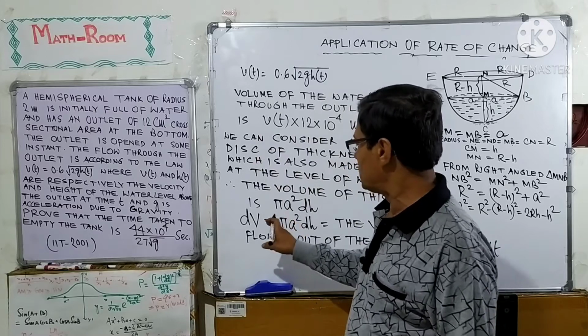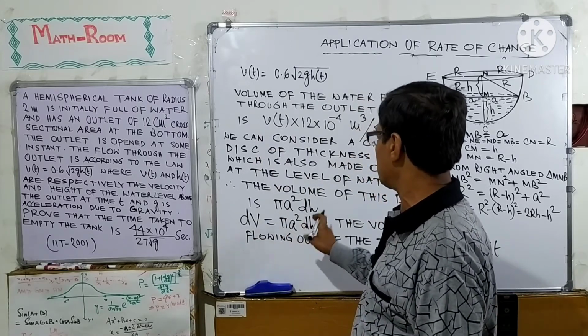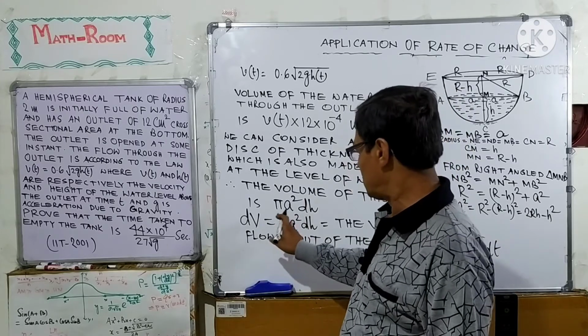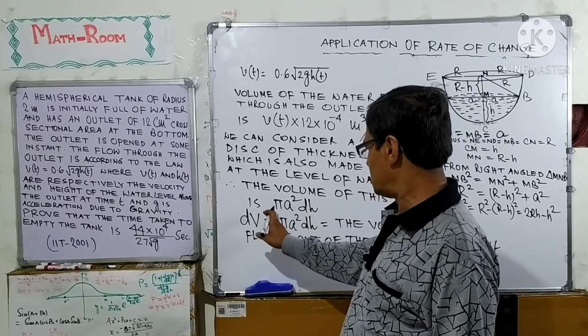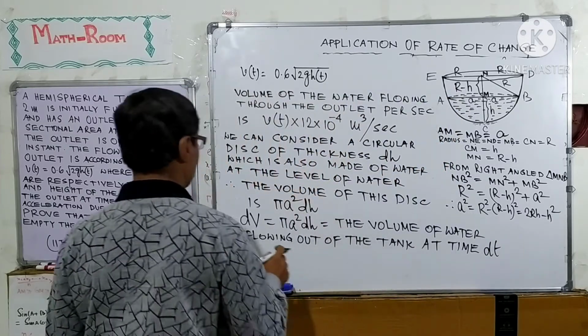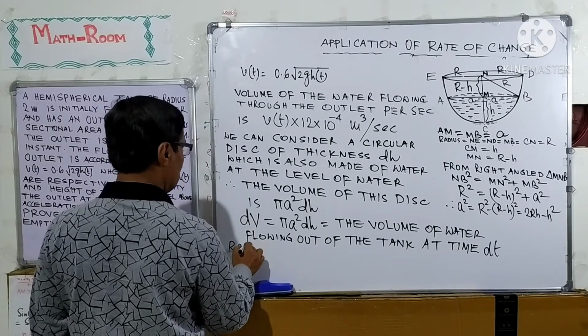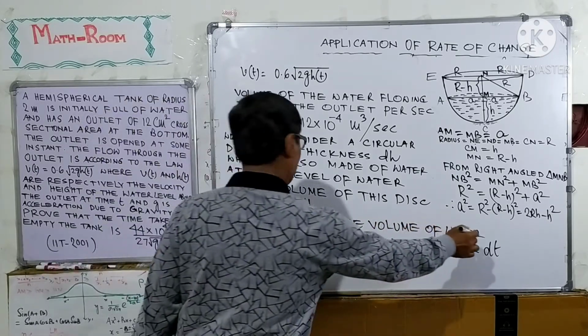This rate of flow is dV equal to pi s square dh. This dV is flowing out at time dt.